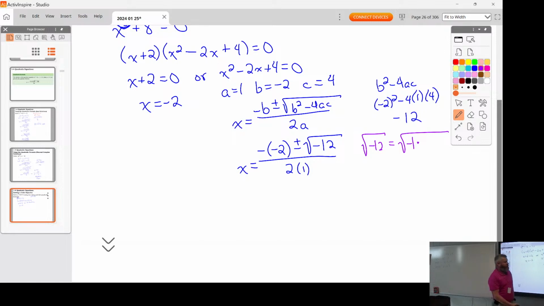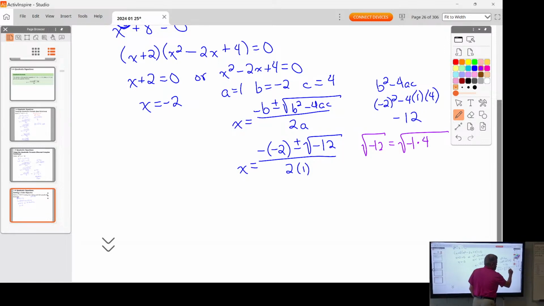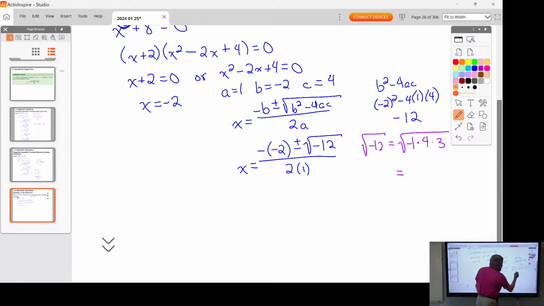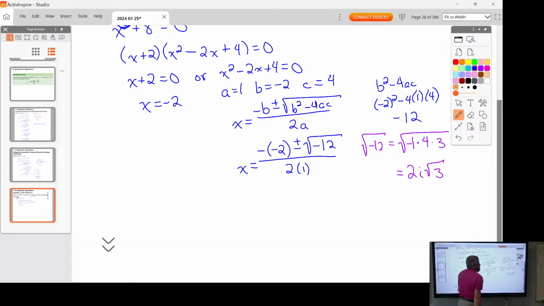So 12 can be rewritten as 4 times 3. The square root of 4 is 2. The square root of negative 1 is i. And the square root of 3 is square root of 3.